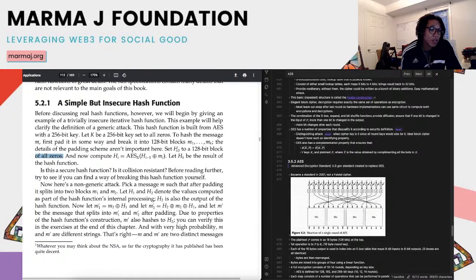Okay, so now compute, if you just do some hash using AES with a key of all zeros, H_{i-1} XORed with the message, which will be the same as the key.